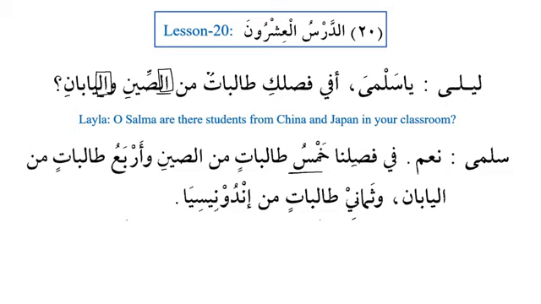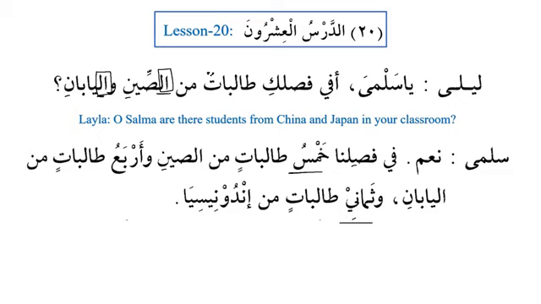Wa arba'u talibatin min al-Yabani. And 4 students from Japan. Wa thamani talibatin min Indonesia. And 8 students from Indonesia. Also, number 8 is a special number. Why do we say special number? When we say 8 only, for the feminine, we say thamanin. But when it is used as mudaf, then the ya comes back, so it becomes thamani.